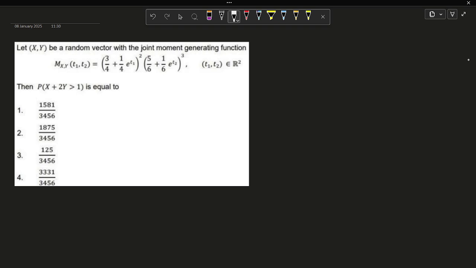First, understanding the joint moment generating function.